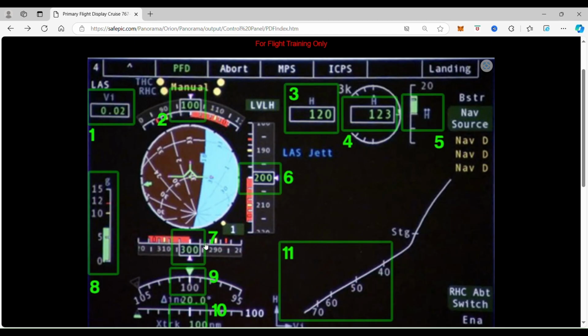So this is the yaw, then this is the heading here, and then this is the cross track. 10 is the cross track, and that's telling you how many nautical miles you're off from the track that you were supposed to be on. So it goes up to 100, and that's what this is going to be talking about. And then this is the actual trajectory plot, and that's the plot that you're going with respect to the Earth.